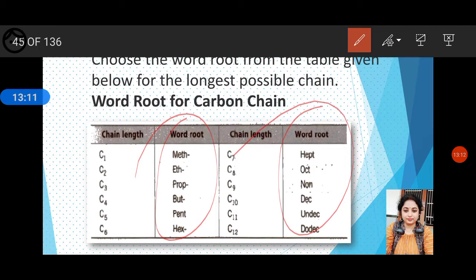Till 12 you have to learn by heart, and say it fluently: meth, eth, prop, but, pent, hex, hept, oct, non, dec, undec, dodec. From C5 onwards Greek numbers are used; until C4 they are special root words.